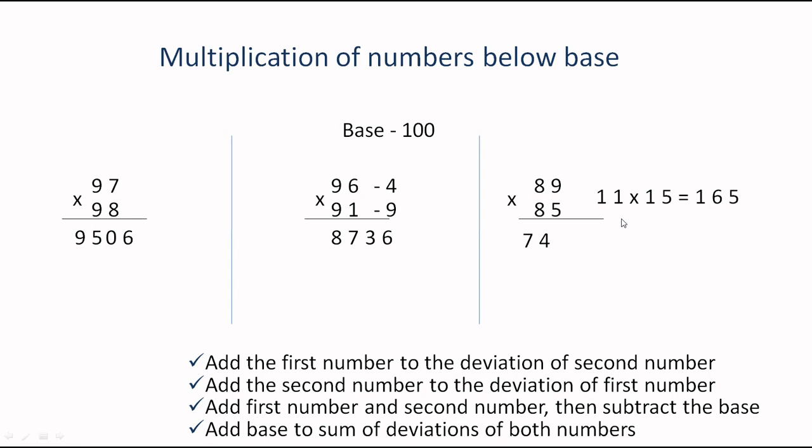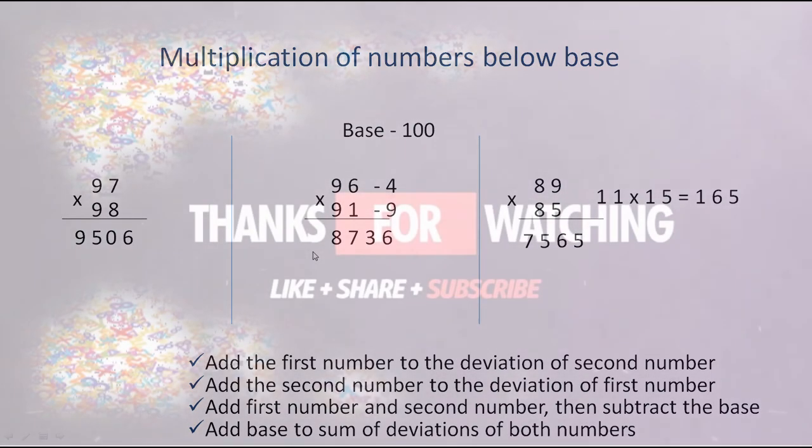The 65 will come here, and the remaining part of this product, that is 1, we will add to the left hand side of the result. Here 74 is the left hand side of the result, right? So to this we will add this 1, and that will balance our product, so it would be 75. In this way we will do the balancing and we can write the product directly. We have to consider all three different cases while writing the right hand side of the result.